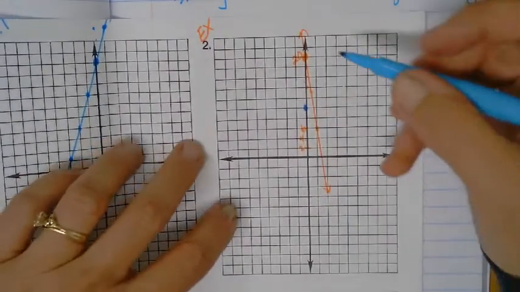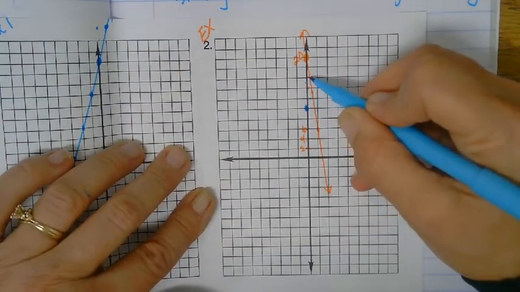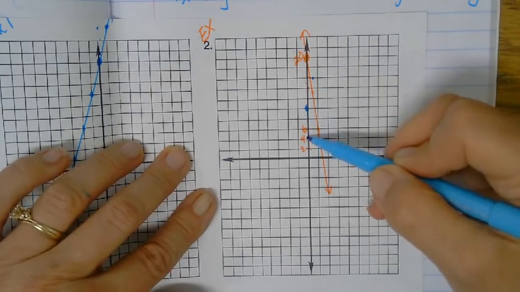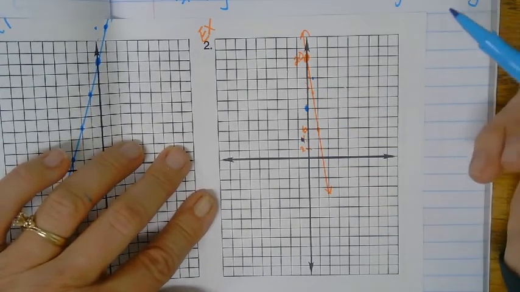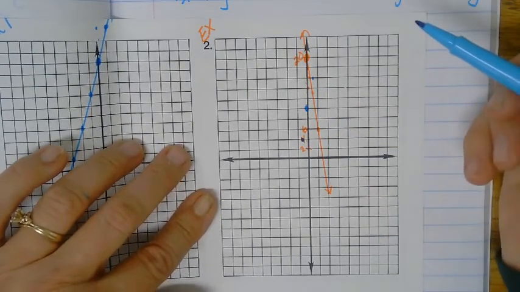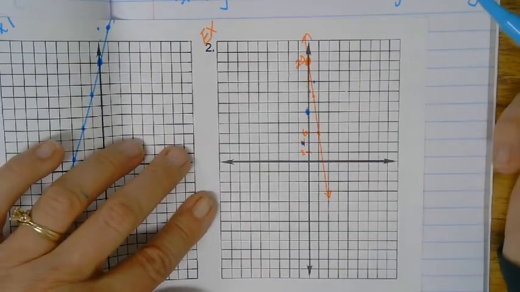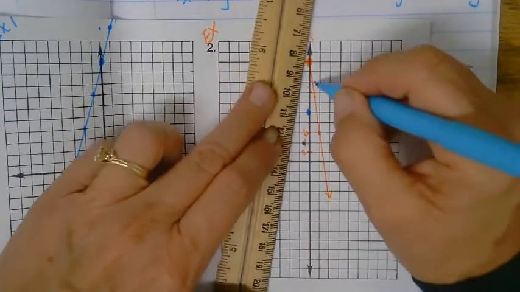Up 3 over 1. 1, 2, 3 over 1. 1, 2, 3 over 1. And then let's connect these.